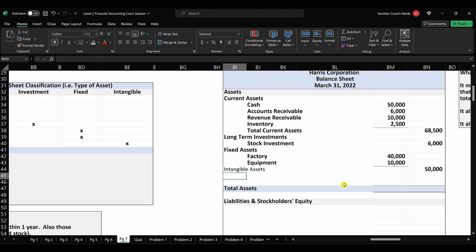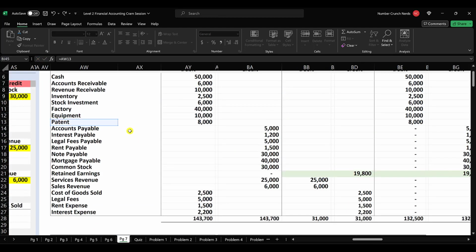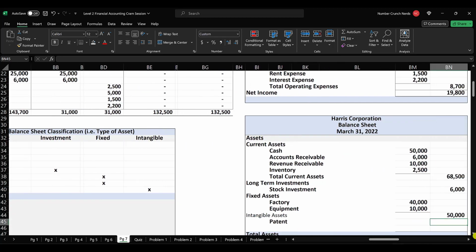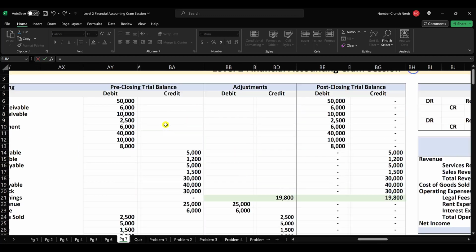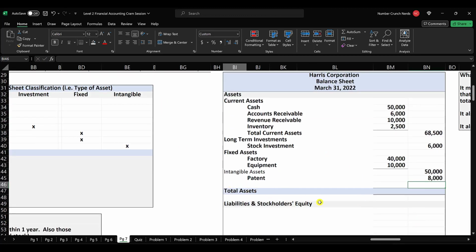And then the last category is going to be intangible assets. And we have 1, I believe, which is the patent. And that value is going to be 8,000. So I'm going to just stick that directly into the main column of the balance sheet. And there we go. And so this right here would be total assets.